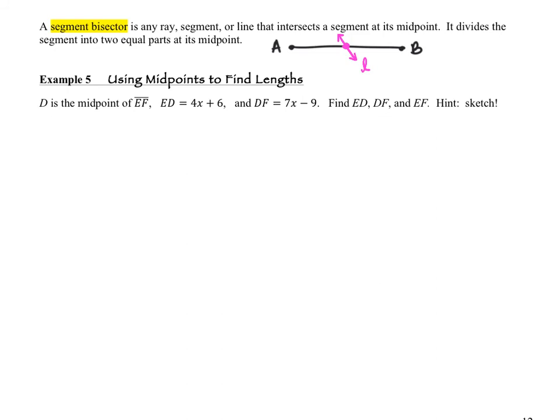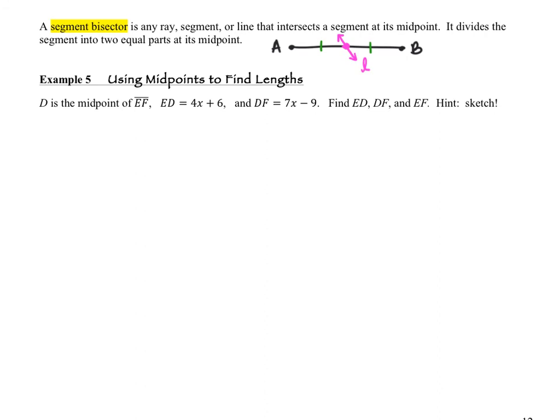So that means line L is a segment bisector of segment AB. And it also means that we've got a pair of congruent segments, because when we cut something exactly in half, those two halves are exactly equal.